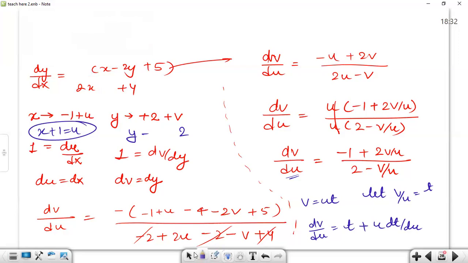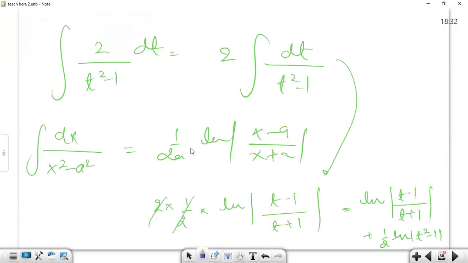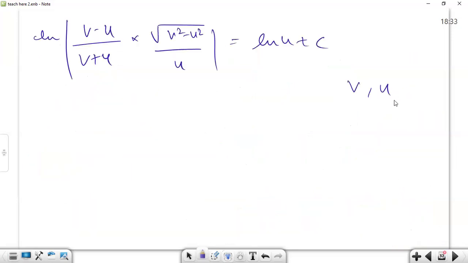So y minus 2 is equal to v. Let's make these substitutions. U was x plus 1 and v was y minus 2, right?